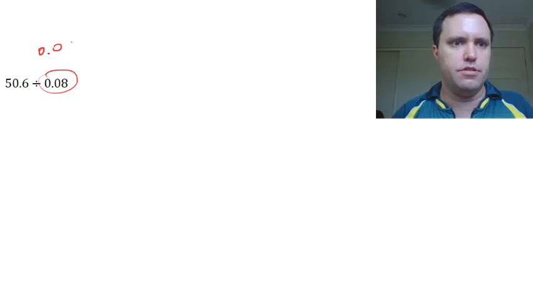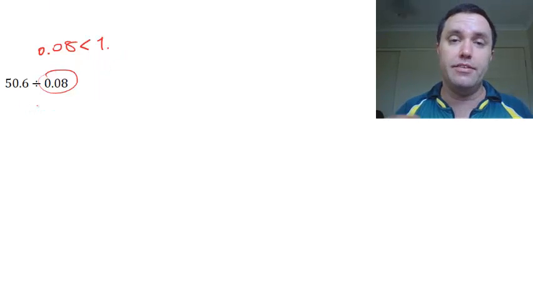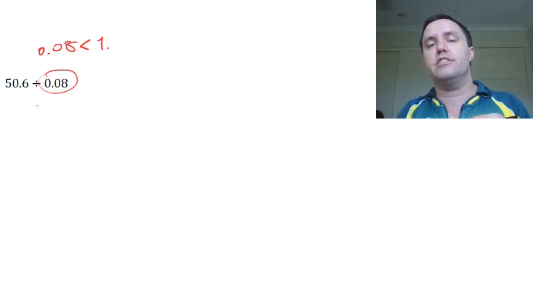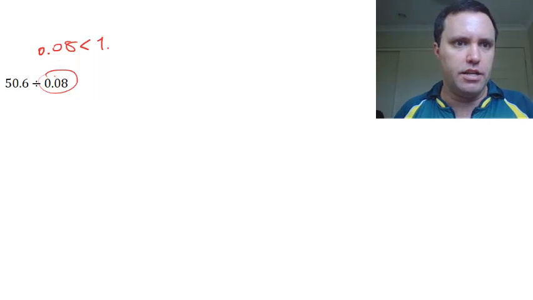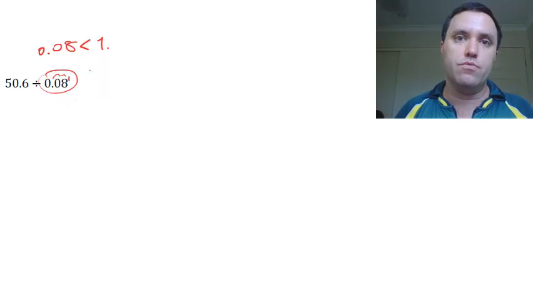However, here you will see that 0.08 is less than 1, right? So we have to do something. You have to now multiply by powers of 10 to get that divisor greater than 1. Okay, so I'm going to need to move it 2 times here to get it greater than 1.